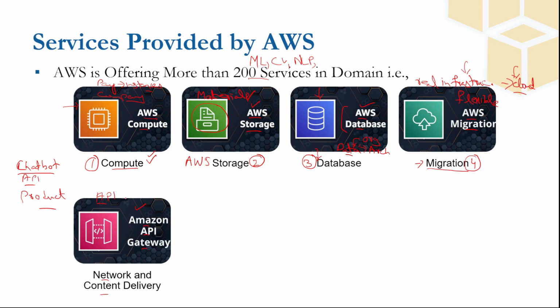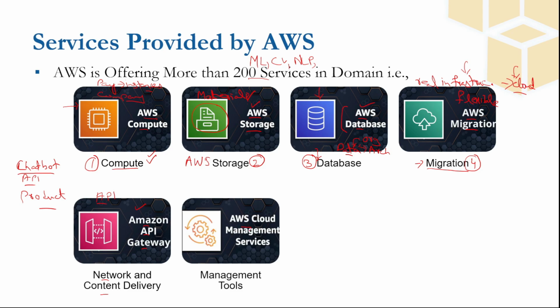Other than that, there are also cloud management services and tools that AWS provides. So all of these tools and management services come under the umbrella of AWS Cloud Management Services. So you can actually see how to manage your cloud platform, and how you can develop a better cloud platform, right, for your customers as well. So when we are talking about developing any product, there is an issue with that, and that issue is we have to be sure that our product is safe and secure.